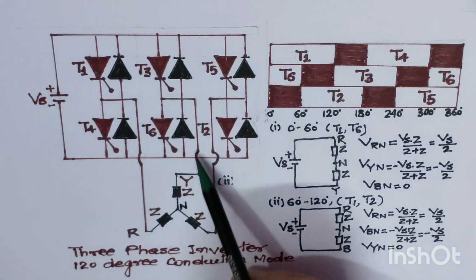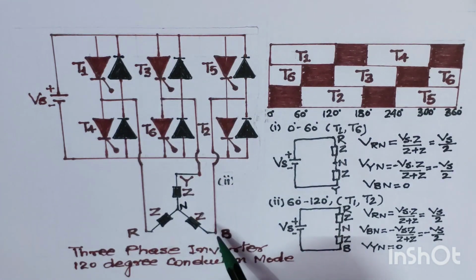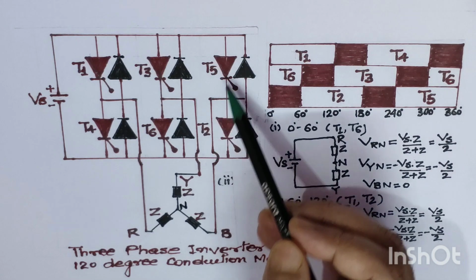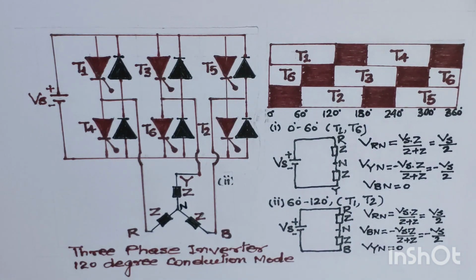Then the Y phase is connected between thyristors T3 and T6. And the B phase is connected between thyristors T5 and T2. That is how the configuration is made for the three-phase inverter having a 120-degree conduction mode.